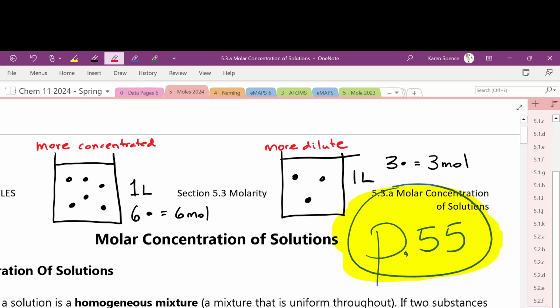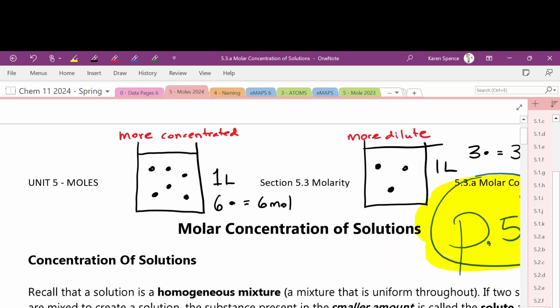Now, the reason I'm saying that the dot represents a mole is that when we dissolve things, we're dissolving hexillions and hexillions of particles, yes? So just counting individual particles doesn't make any sense. So we count them by moles. We say there's 6 moles of this substance in 1 liter. So how we would express this is, for this one, we would say there's 6 moles of dots.